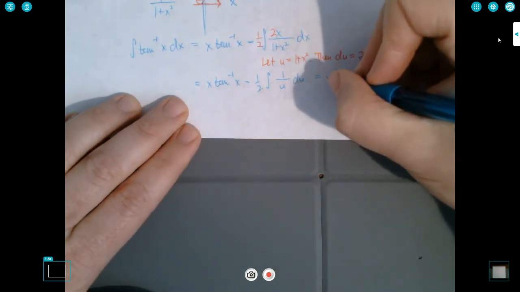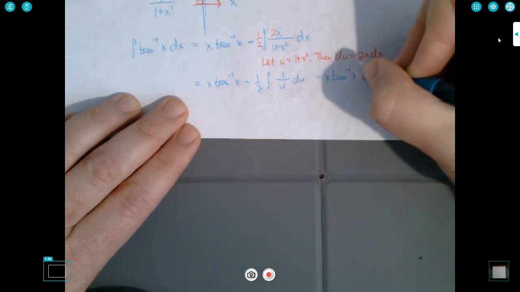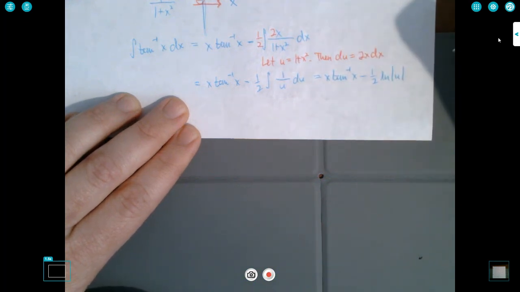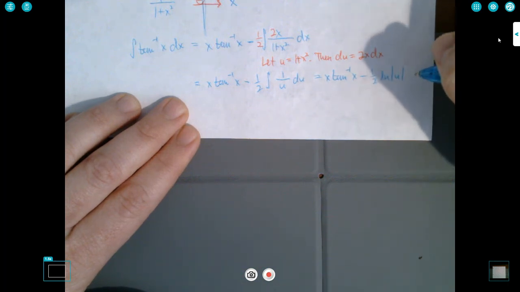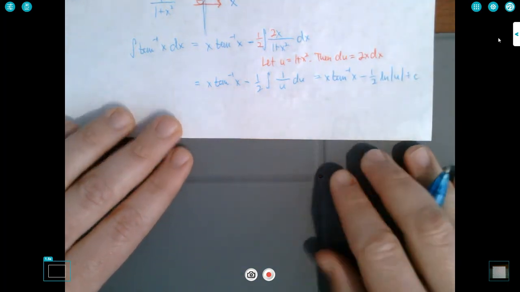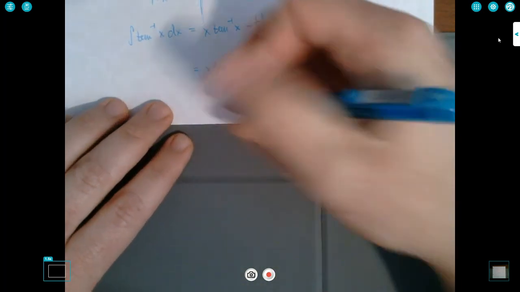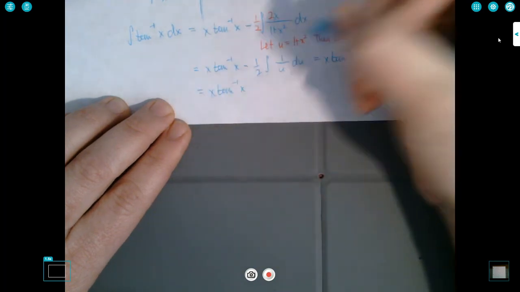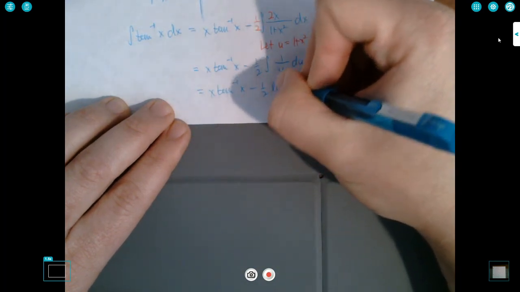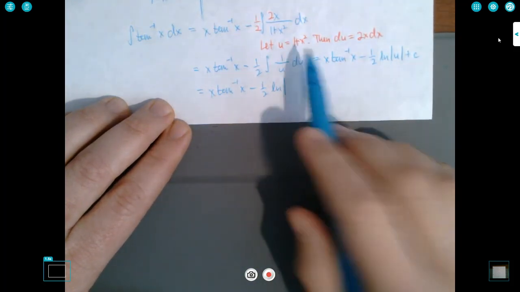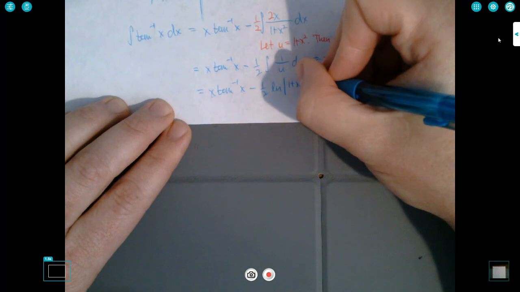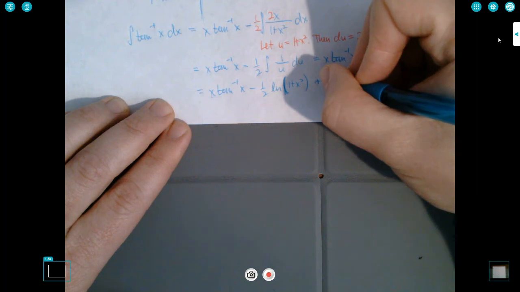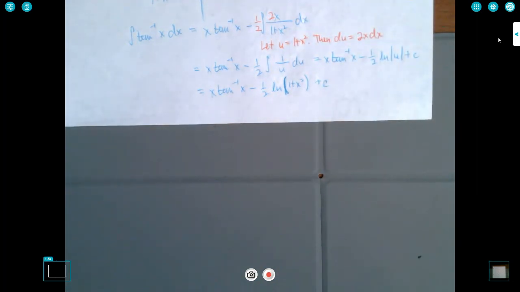Well, that's just x tangent inverse of x minus 1/2 times the natural log of the absolute value of u plus c, I suppose. Okay, so I'm going to get x tangent inverse of x minus 1/2 times the natural log of the absolute value of u. What was u? u was 1 plus x squared. Oh, I can drop the absolute values then, because 1 plus x squared is always positive anyway. Okay, and then plus c.